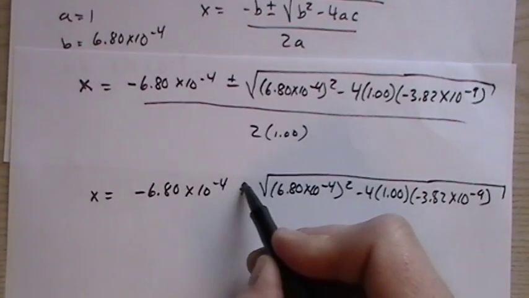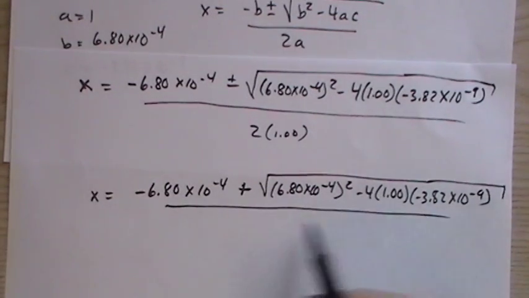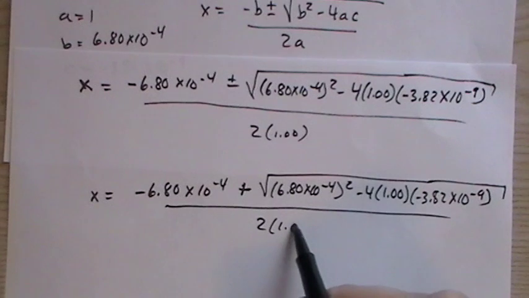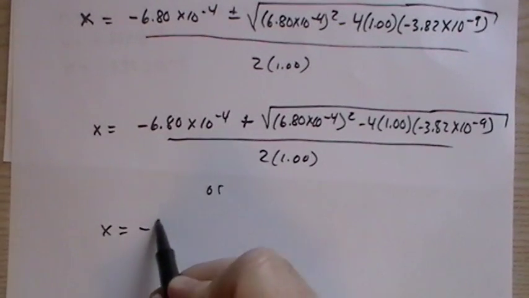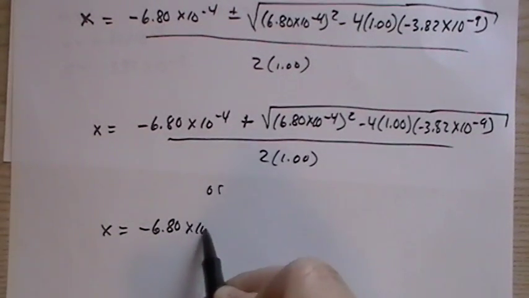Now the first term here is plus, and then we also have x is equal to minus 6.80 times 10 to the minus 4.